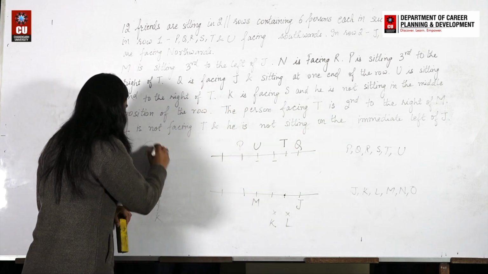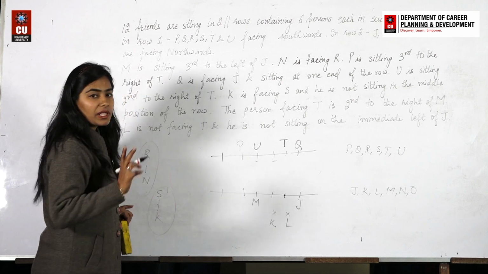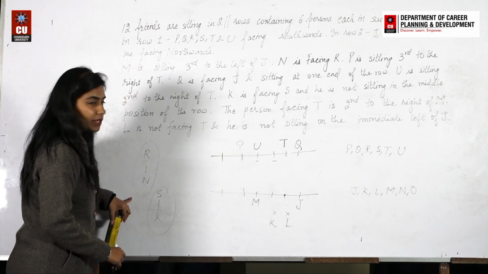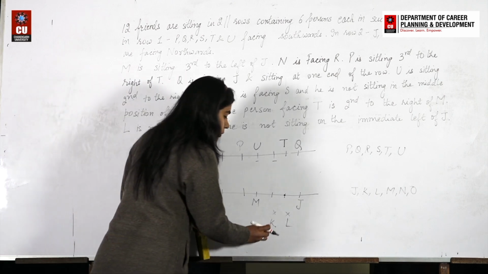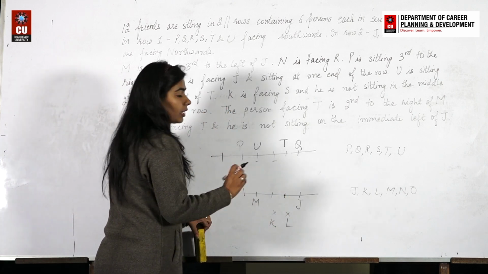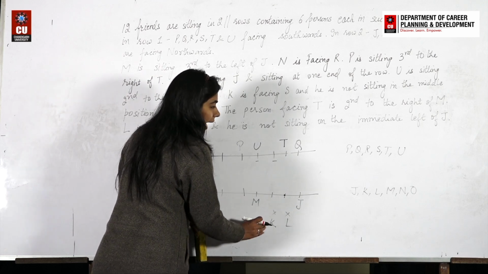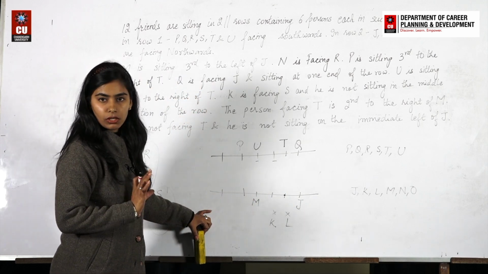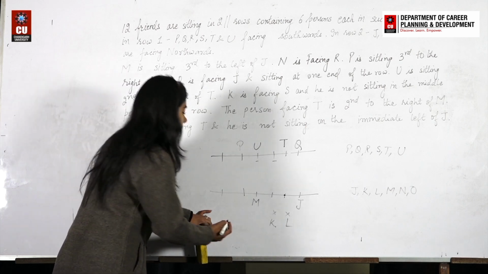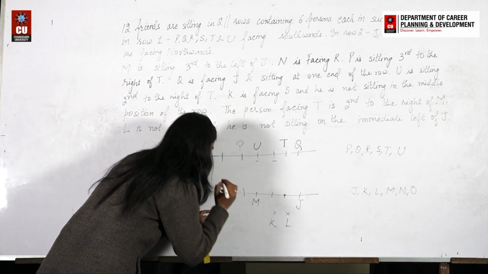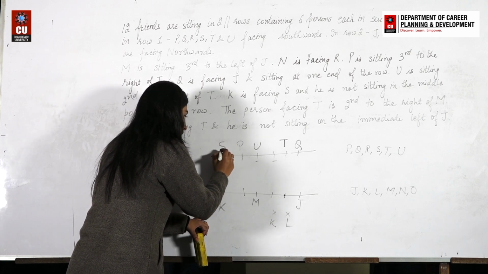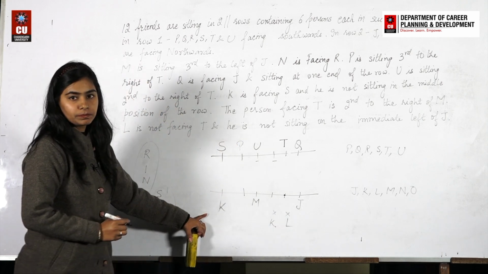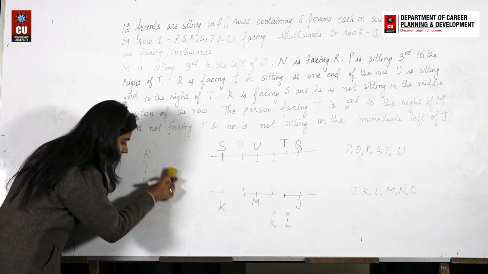Now, we are left with only 2 previous statements, that is R is facing N and S is facing K. And we already know K is not sitting at the middle position of the row. So, we can place K here, and the opposite of K is S. We will erase this statement too.